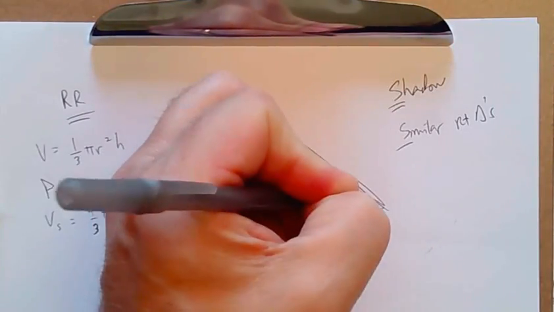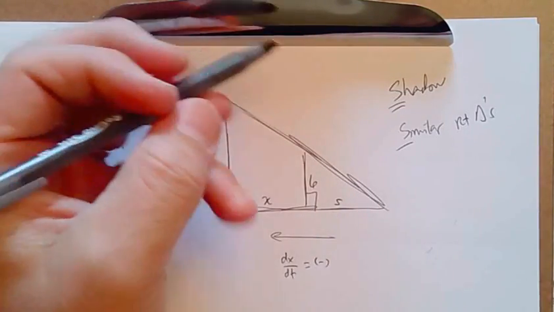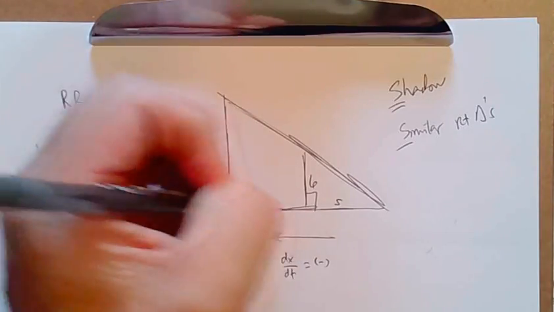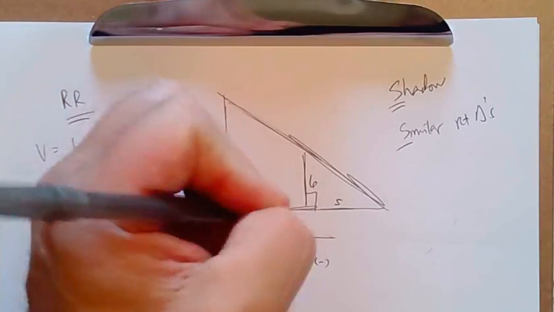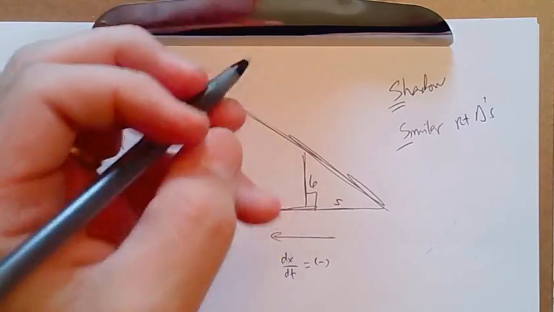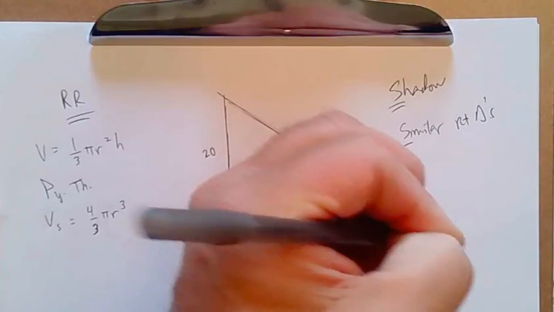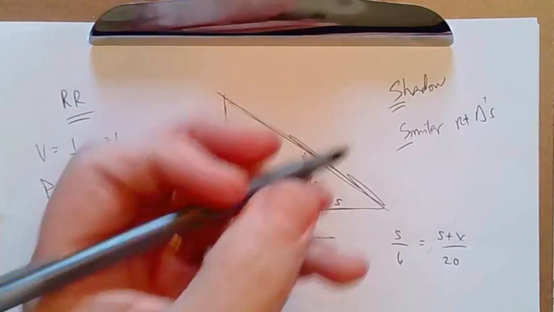The shadow is behind. It doesn't matter how far he or she is from the lamppost, remember. That's a misleading thing when they say when he is 10 feet from the pole or something like that. So kind of irrelevant. But your proportion would be s over 6, and then it's long to long, s plus x over 20.